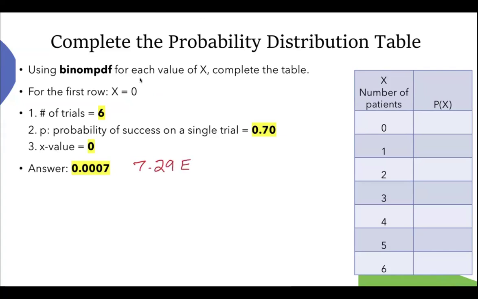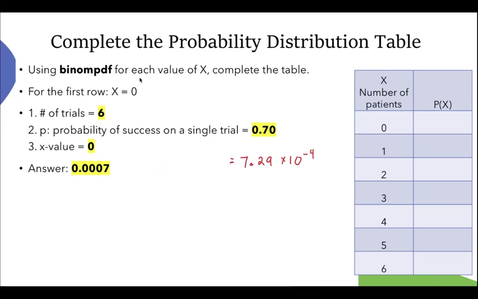7.29 E-4. Now, if you've never seen this, it's a little intimidating, but it's not so bad. It means that our calculator is displaying this number in scientific notation, and it's equivalent to saying 7.29 times 10 to the -4th. So to get 7.29 times 10 to the -4 in standard notation, we're going to move the decimal point.